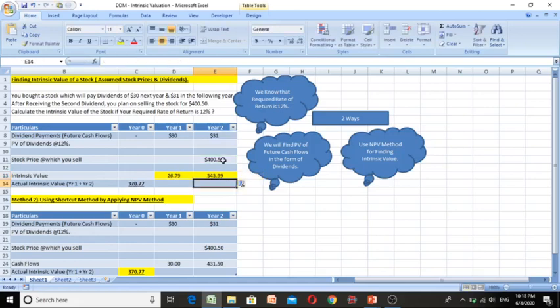Now I press the enter sign, so we get the final answer as $343.99, which means that the present value of these two particular future cash flows is nothing but $343.99.